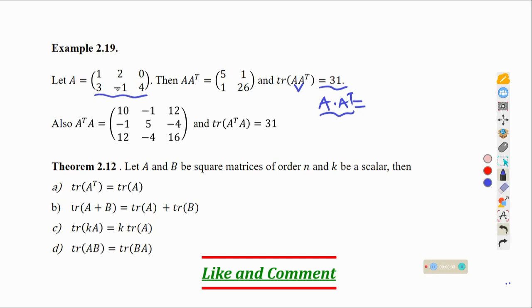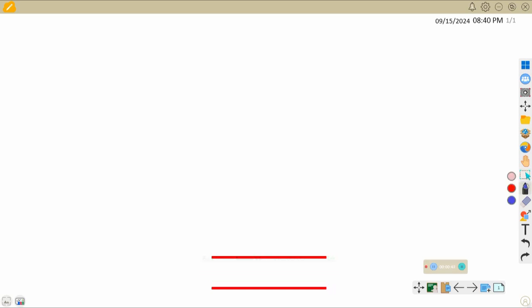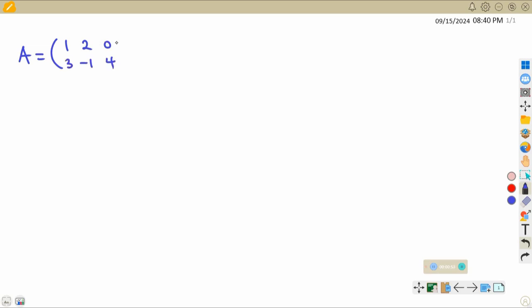So let us consider that we are having A as this. Then let us get A times A transpose. So our A is 1, 2, 0, 3, -1, and 4. What are we interested in? We want to get A times A transpose. So what is A transpose? First, A transpose will have 1, 2, 0, then 3, -1, and 4.